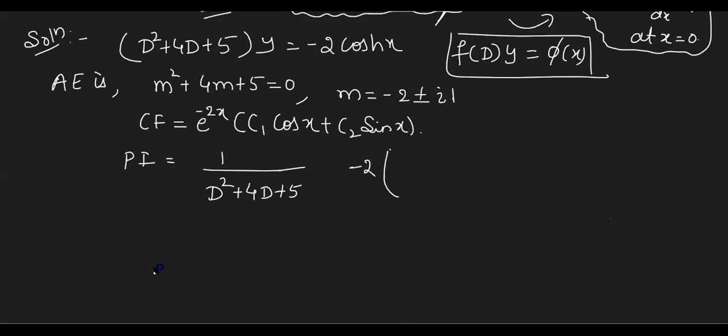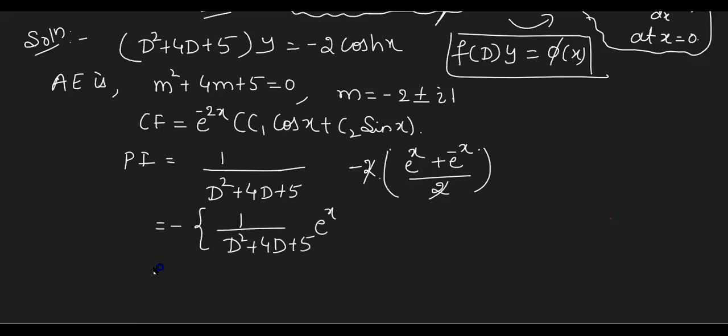It is e raised to x minus e raised to minus x divided by 2. Okay, so we are getting 2 will be cancelled. Now this minus is all together. I'll keep it out. I'll split it as 2 terms. Okay, in between there is a plus now.